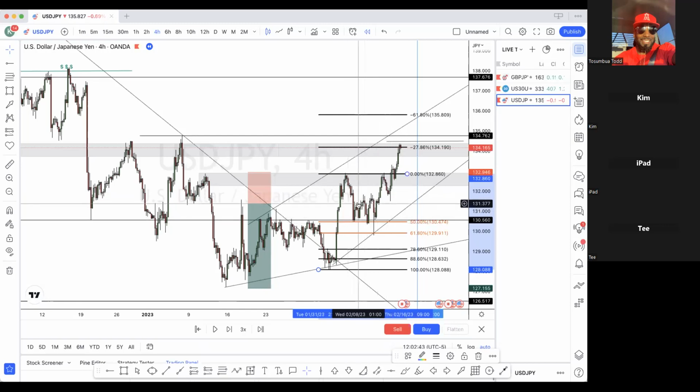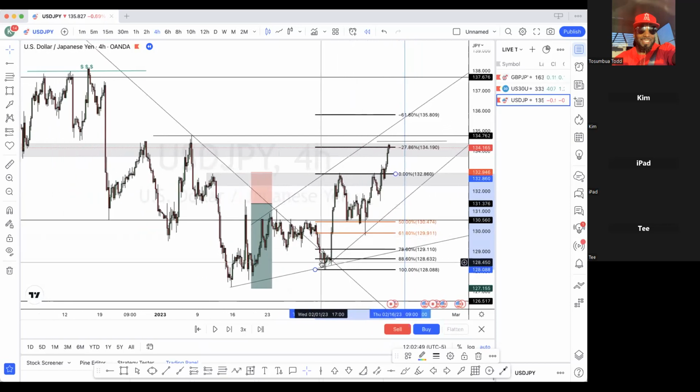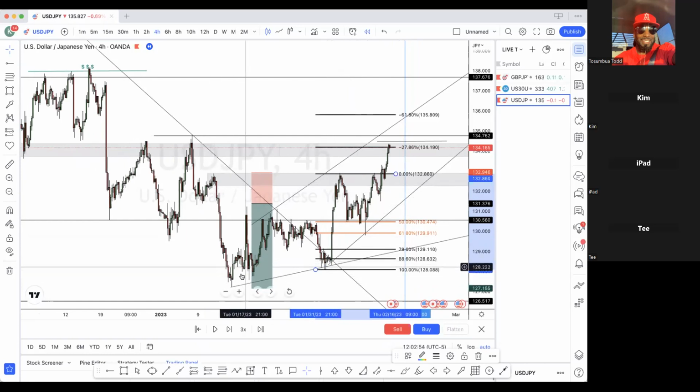Okay. So yes, with that being said, you could have definitely, once it started creating higher lows, because as you see right here, it was creating higher lows, but it was also creating lower highs.